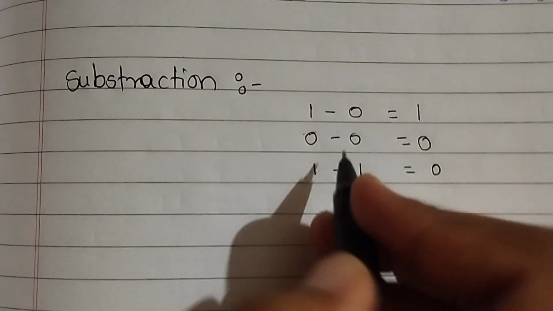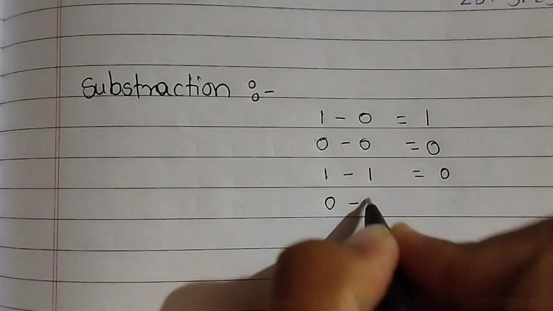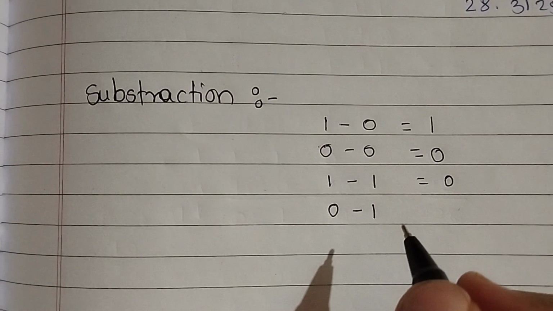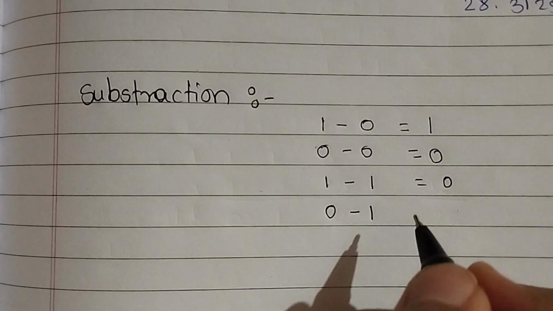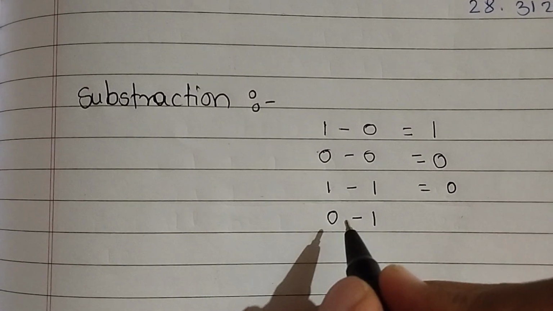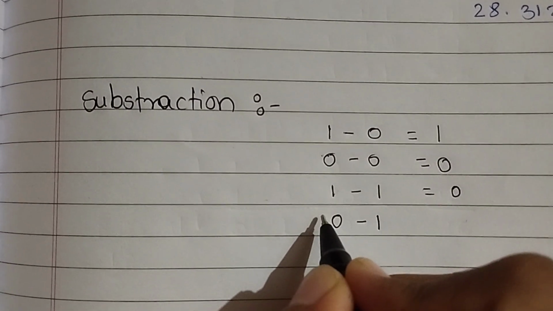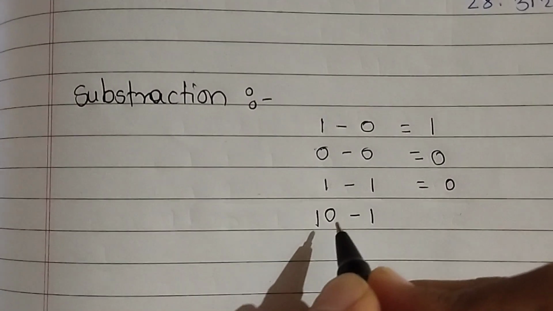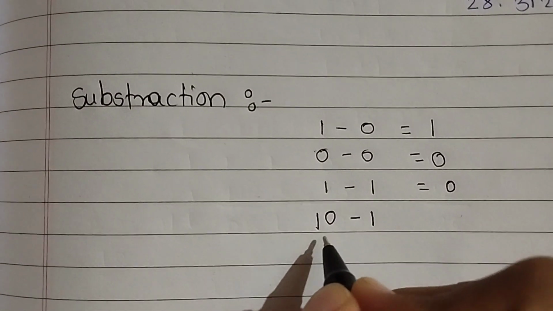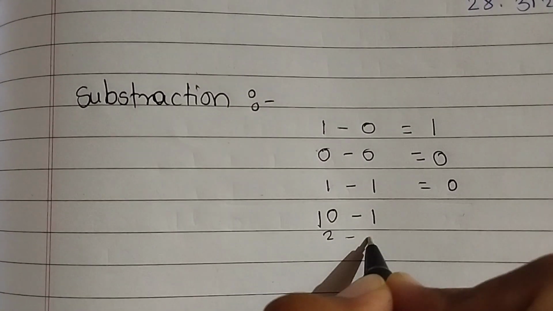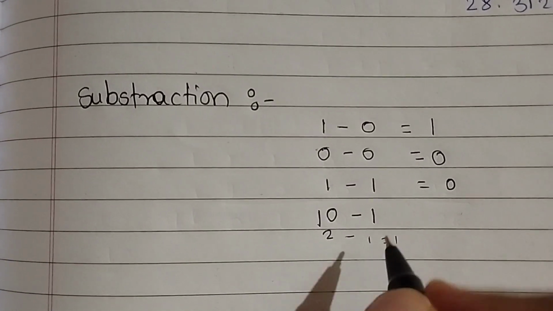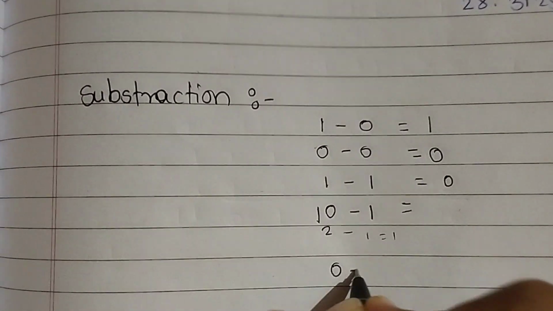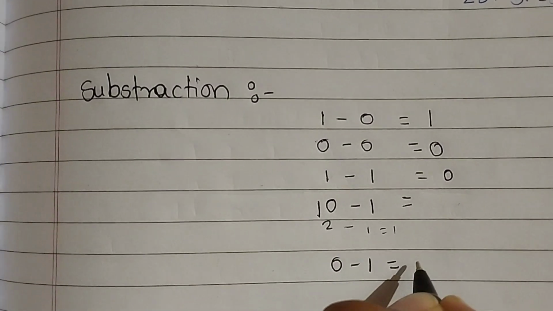This is simple, but when it comes to 0 minus 1, this is the critical situation in binary number subtraction. So what we do is take a borrow from the previous bit, meaning we take one borrow here, and now this is the binary of 2. Am I right? So 2 minus 1 is equal to 1.